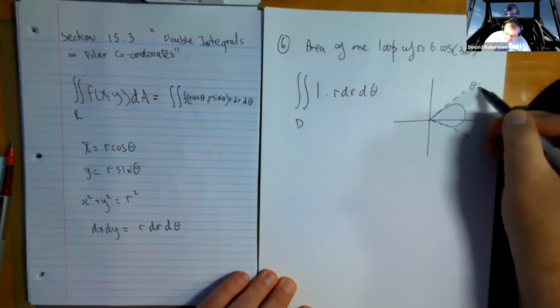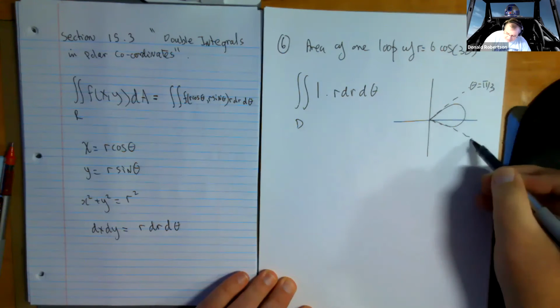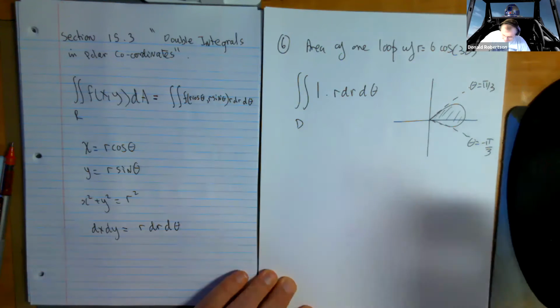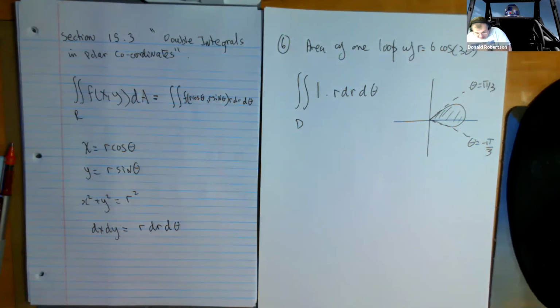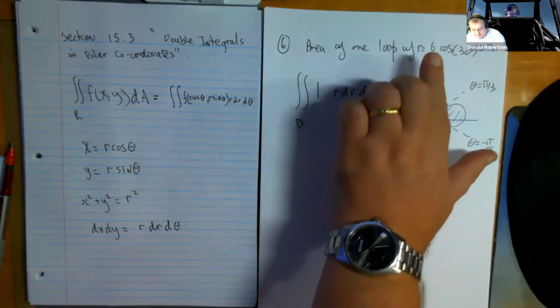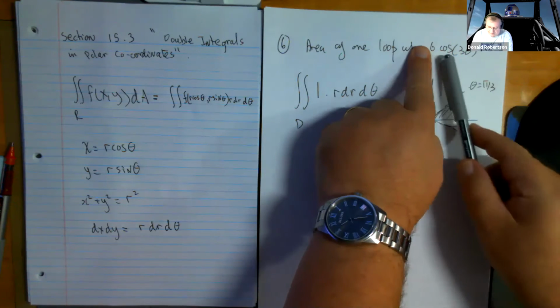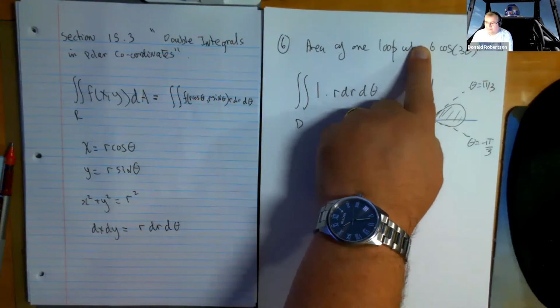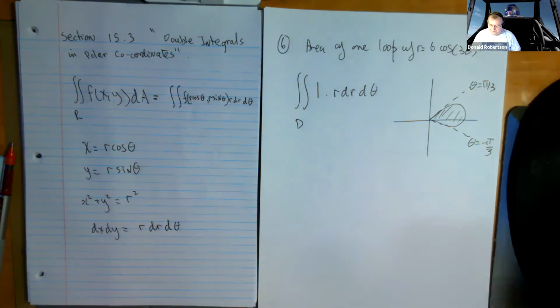This angle is, I believe, pi over 3, and this angle is negative pi over 3. And you might say, well, how do I know that? I simply find out when 6 cosine 3 theta is 0 and solve for theta. Okay, just trust me on that.